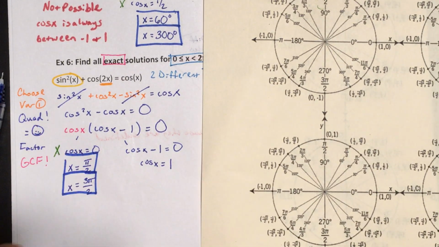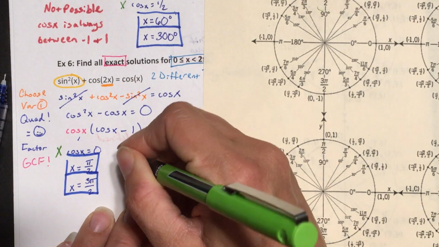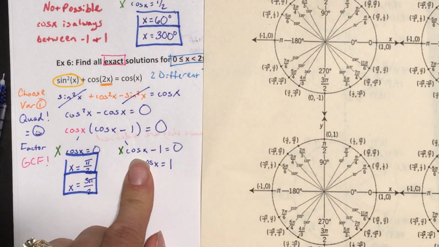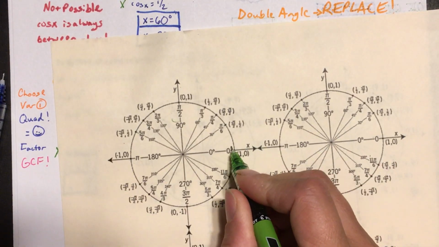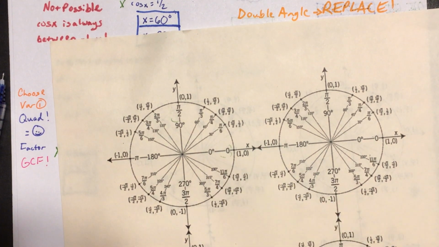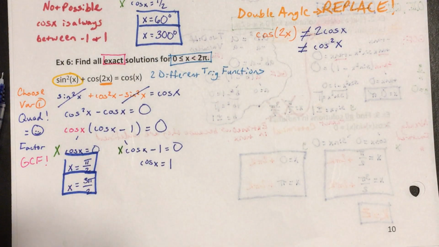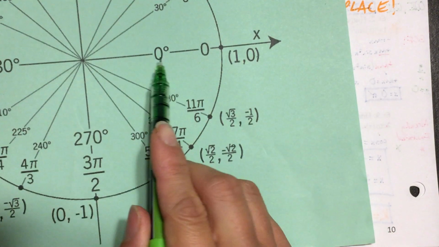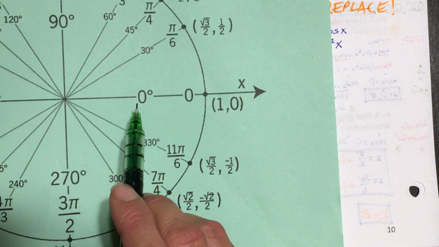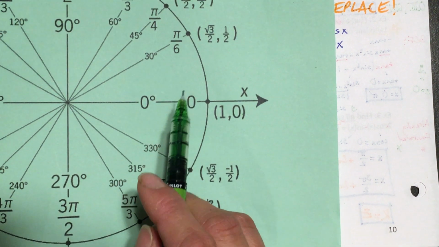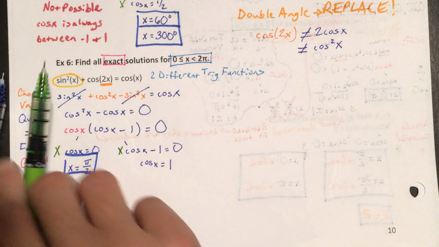So again, looking for an x value. Where does cosine x equal 1? Well, my x value equals 1 only here at 0. Now, we know from our bigger unit circle we've looked at that in addition to this angle being equal to 0 degrees and 0 pi, it's also equal to 360 degrees and 2 pi.